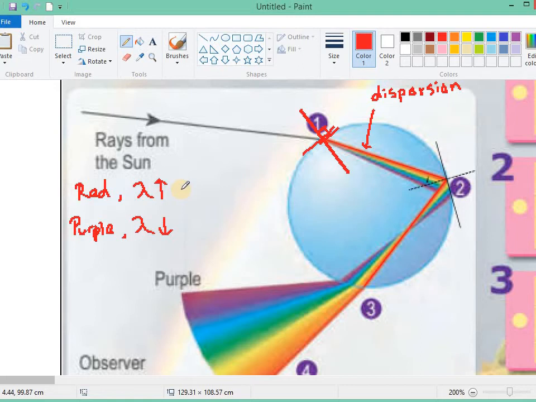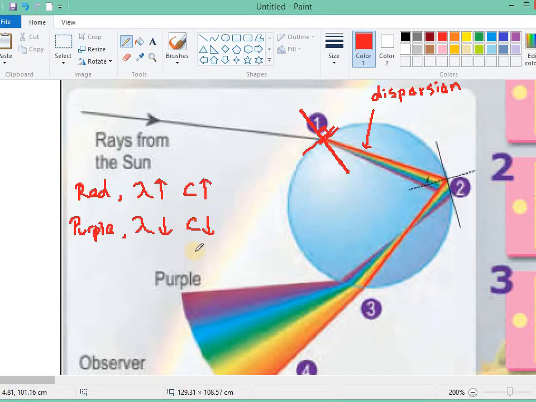Okay, that means when the red light go into the water, in this case go into water, the speed of light only decrease a little bit. That means the speed of light will be faster inside the water compared with purple light. Purple light, the speed of light will be lower when inside the water droplet.